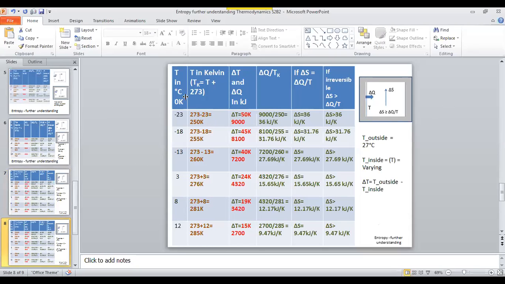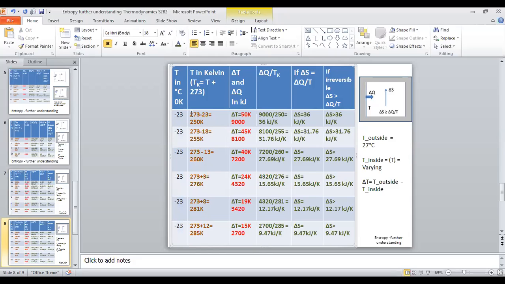This time your thermostat setting, your temperature, is the same. Let's say minus 23 Celsius.